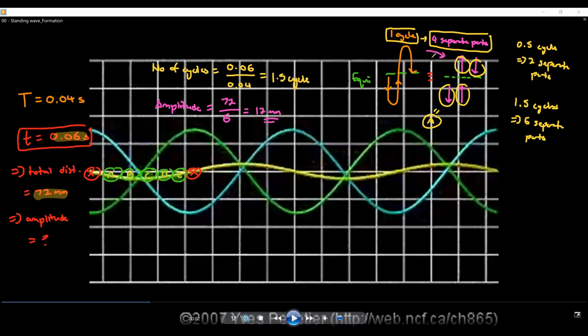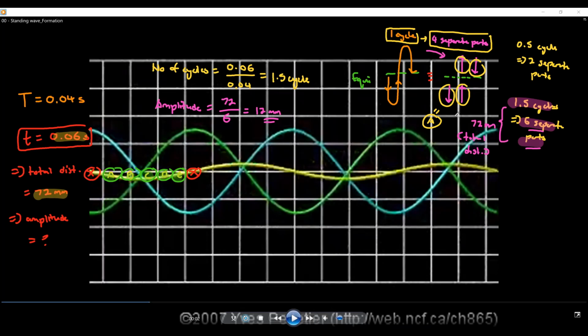Okay, because here 1.5 cycles or 6 separate parts, the total distance moved is actually 72 millimeter for the total distance.